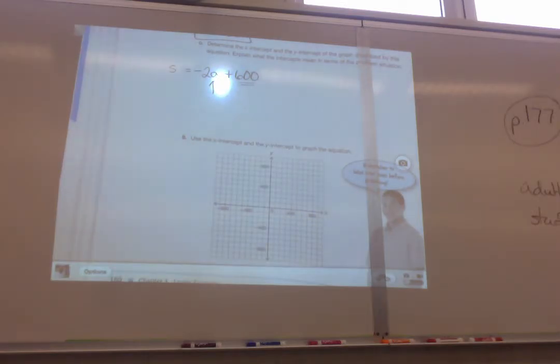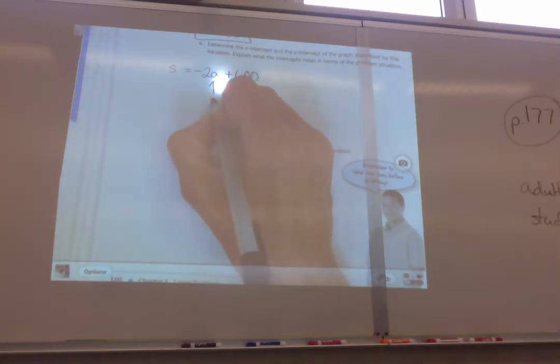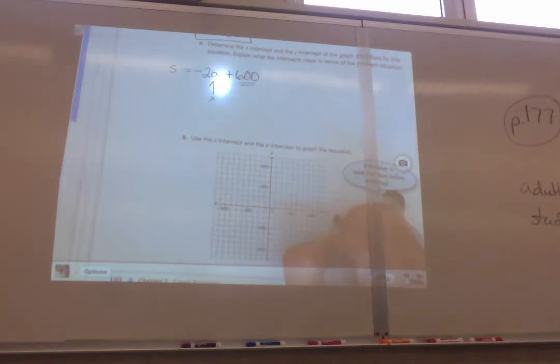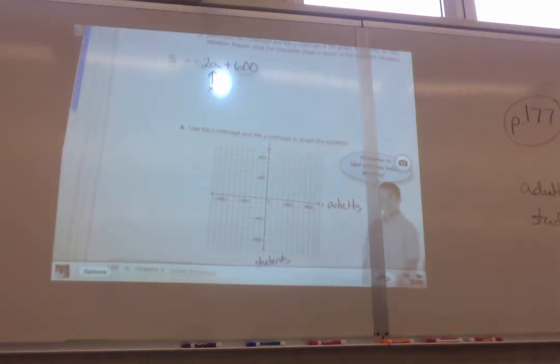A. And what letter is usually right there? That's usually the spot of X. So this time X is going to be our adults, and y is going to be our students. So it's a slightly different graph than we were looking at last time.